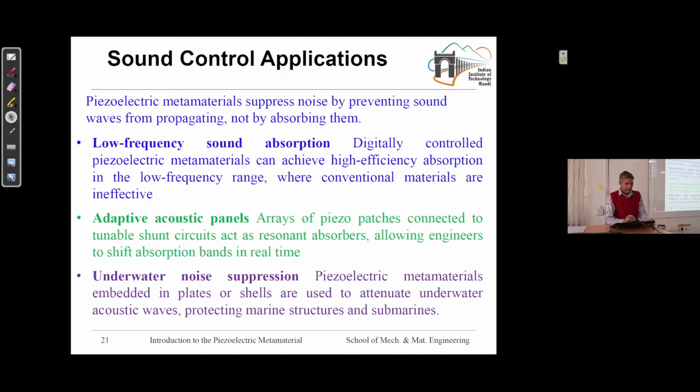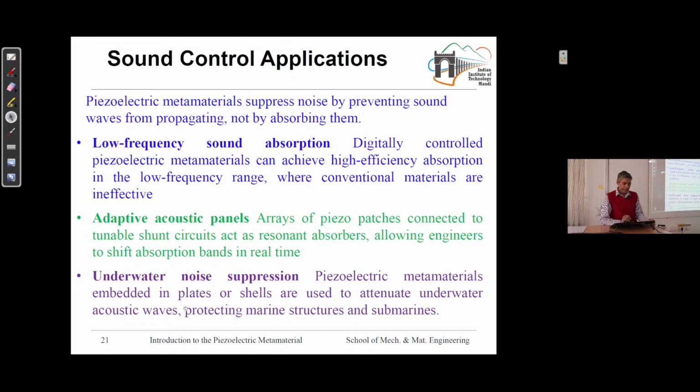Next, low frequency sound absorption. Digitally controlled piezoelectric metamaterials can achieve high efficiency absorption in the low frequency range, where conventional materials are ineffective. Adaptive acoustic panels: an array of piezo patches connected to tunable shunt circuits act as resonant absorbers, allowing engineers to shift the absorption band in real time.